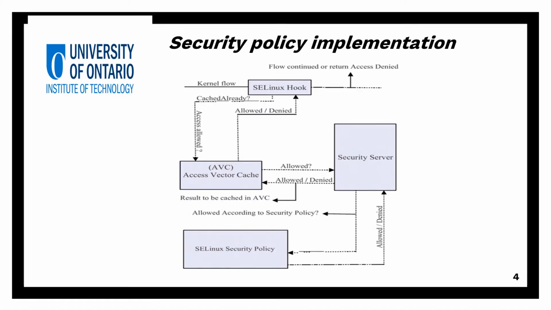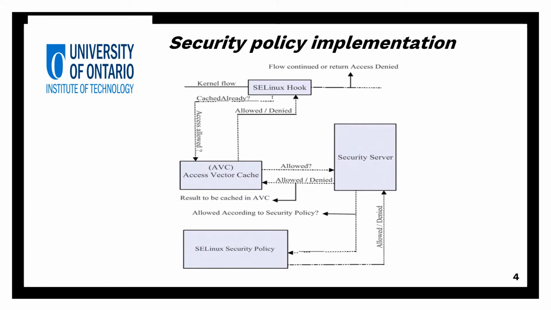I'll take a further look at how SELinux implements policies. The security server is responsible for consulting the security policy to guide itself by knowing the rules, whether access should be allowed or not.